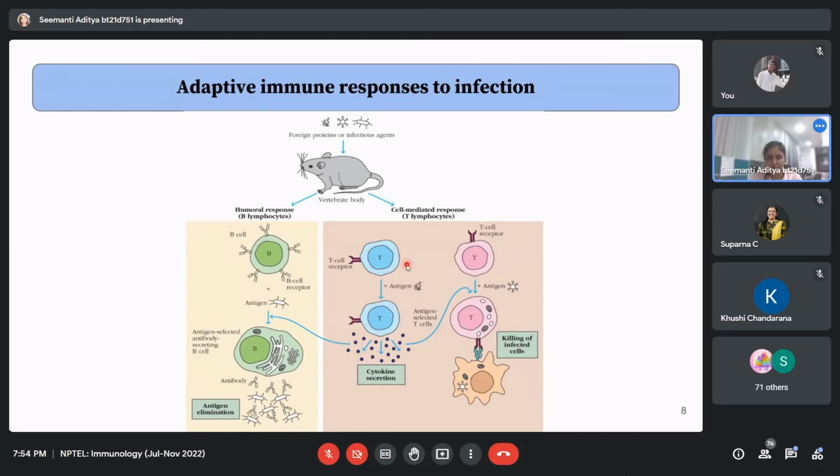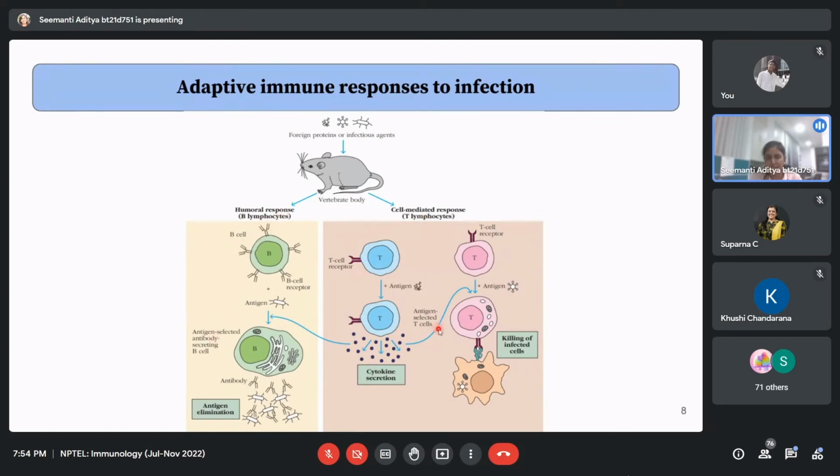And so after the T cell receptors are getting activated, they can bind to this antigen and also bring about the killing of the infected cells through apoptosis or cell death. So in these adaptive immune responses, through blood, it is synthesizing antibody, known as the humoral immune response.